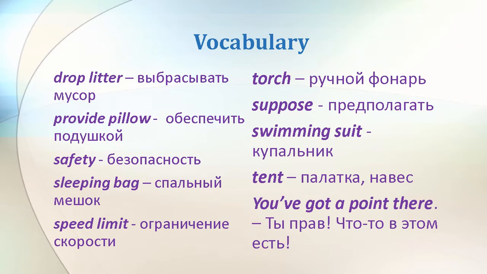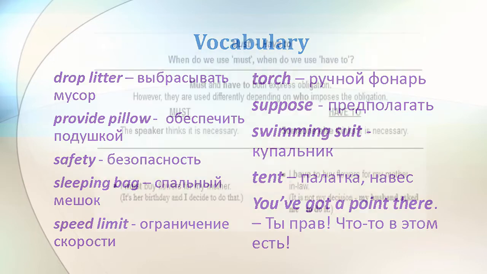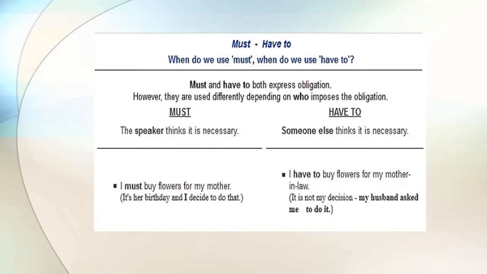Okay, and now write down all these words in your copybook, please. Two lessons before, we discussed the using of modal verbs must and have to. Let's remember, when do we use must and when do we use have to?